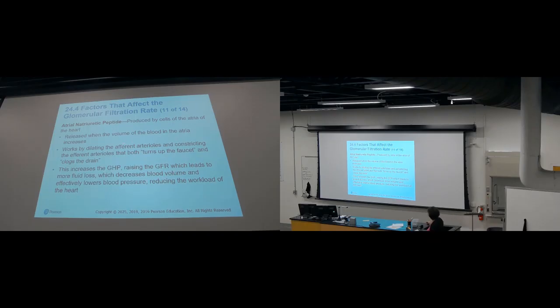This happens when you have an increase in blood volume that dilates your atria, but also, of course, whenever you have an increase in blood volume, that is going to dilate your afferent arterioles, and that increases the GFR because you have more blood to be filtrated.